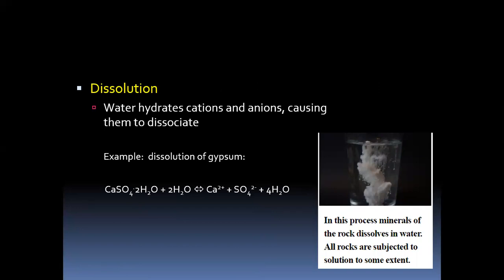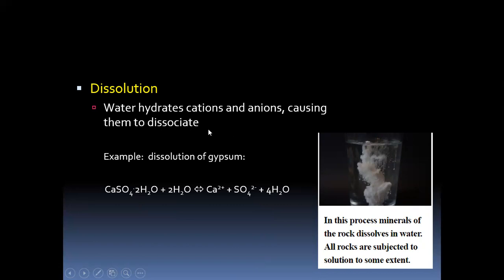Dissolution is another chemical process. And we know that water has the ability to dissolve many salts. So what happens is that when you have salts or minerals, the water dissolves them, causing them to dissociate.